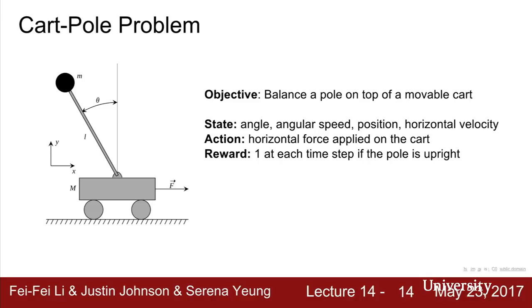The actions that you can take are horizontal forces that you apply onto the cart. So you're basically trying to move this cart around to try and balance this pole on top of it. And the reward that you're getting from this environment is 1 at each time step if your pole is upright. So you basically want to keep this pole balanced for as long as you can.